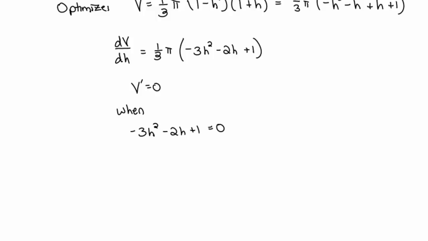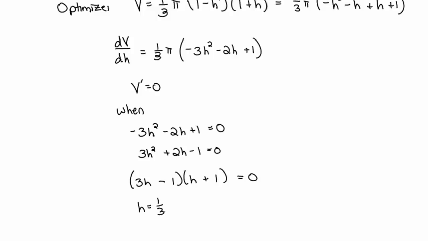And I personally dislike dealing with negatives as my lead coefficient, so I'm going to clean this up a little bit. Let's see if this factors. It might. A little guess and check action here, 1 and a 1. One of those is going to be negative, a positive and a negative there. Double check my work, and it does work out. So there we go. We have either h is 1/3 or h is negative 1.